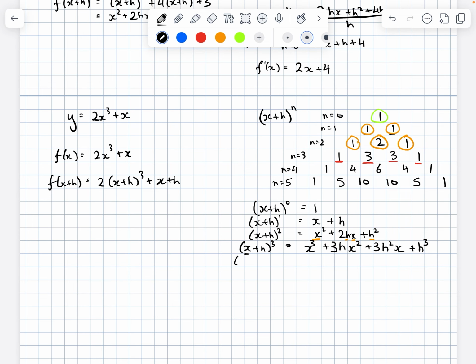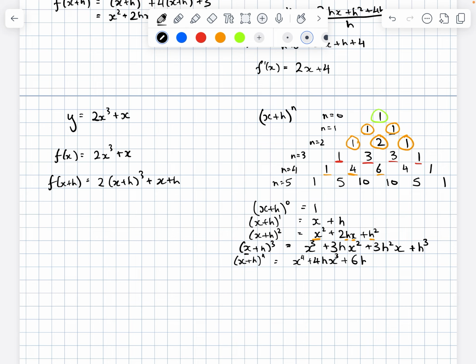I'll also show you the power of 4. So we have 1 times x to the power of 4 plus next variable is 4. So 4, introduce the h, reduce the x power by 1 to get to 3, plus 6.